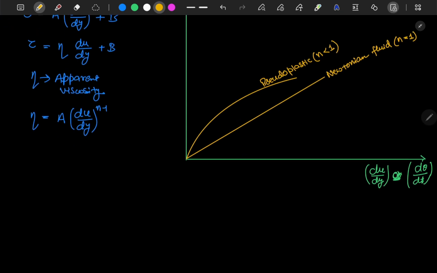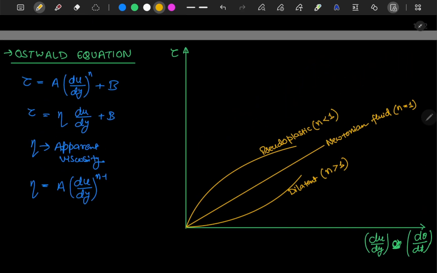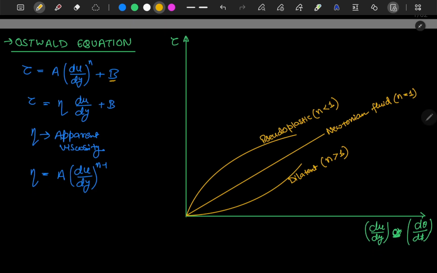Okay, this line here represents your dilatant fluid, and for dilatant fluid your n is greater than 1. Okay, and as I mentioned earlier, in the equation there is also a constant term B, which is used for your Bingham plastic.